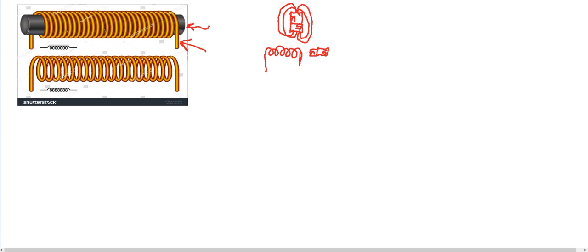So what happens is this magnet, when it gets moved through this coil, like in and then out, so maybe you pull it into here and then you pull it out, the magnet and the electrically conducting wire generate an electrical current.